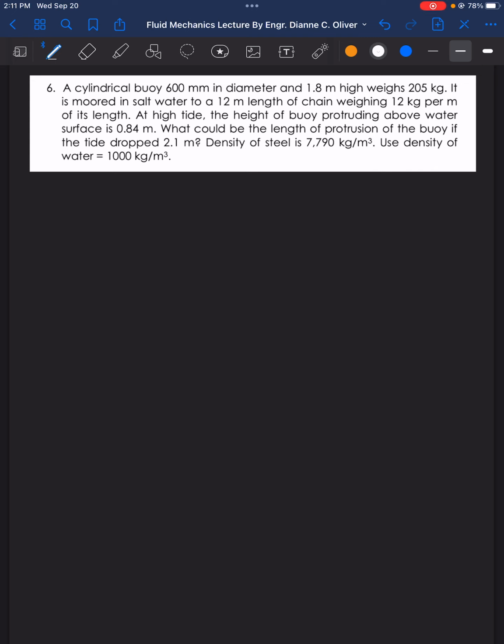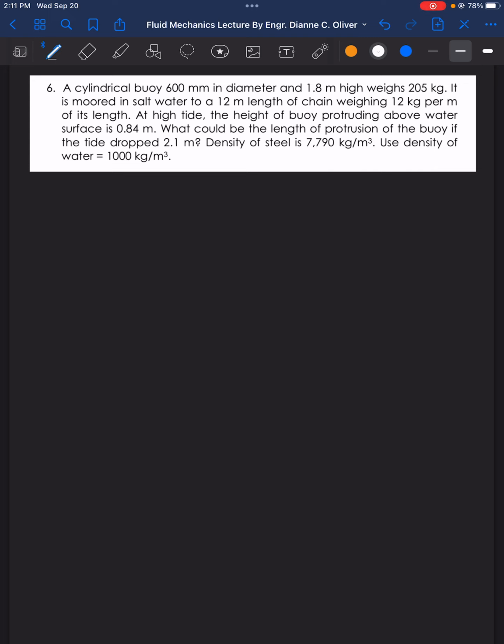At high tide, the height of the buoy protruding above the water surface is 0.84 meter. What could be the length of protrusion of the buoy if the tide dropped 2.1 meter? Density of steel given here is 7,790 kilograms per cubic meter. Use density of water equal to 1,000 kilogram per cubic meter.